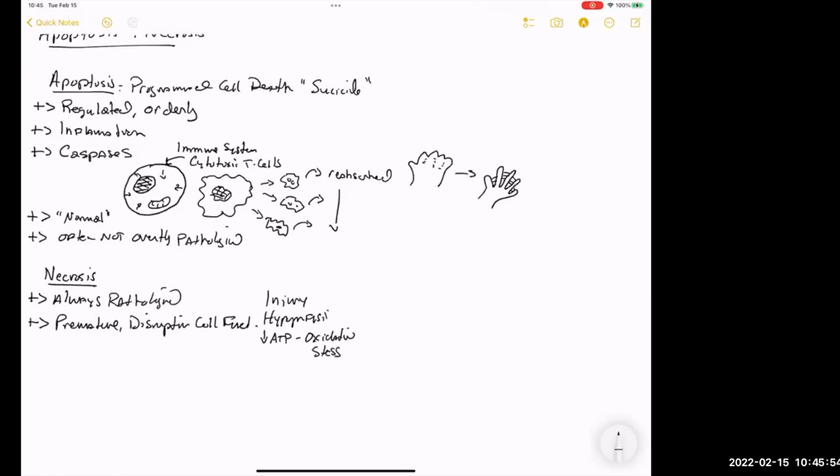All right, and the cell is no longer able to function, right? It loses its functional control. It's destabilized, all right? And what happens is, as we talked about last week, as ion channels fail, the cell begins to take on water, right? Begins to swell, and then it ruptures and disintegrates.